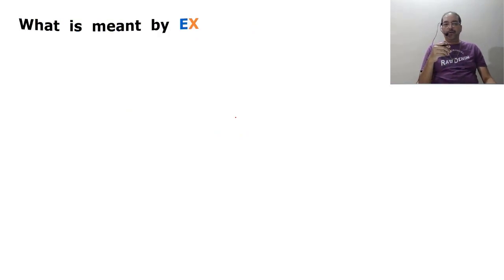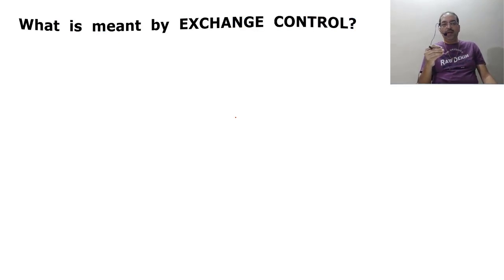Now let us come to the meaning of exchange control. What is the meaning of exchange control? Exchange control means that there must be certain rules and regulations involving foreign exchange, regarding the availability of foreign exchange and the rate of foreign exchange.